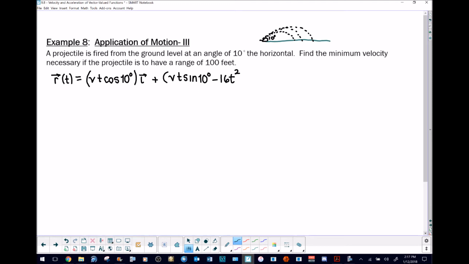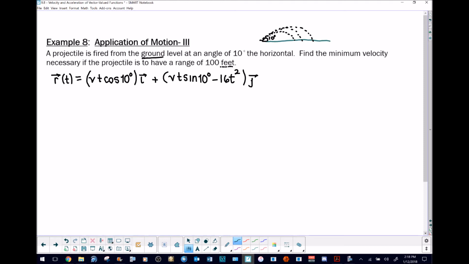We're dealing with feet throughout the problem, so we're going to use -16 as the coefficient of t squared. And there actually is one other thing I need to throw into this mix, and that would be the initial height of the projectile from where we're firing it. But since it says we are firing it from ground level, I would only be adding a 0 into this mix, which isn't going to change anything. So that will be our initial equation.